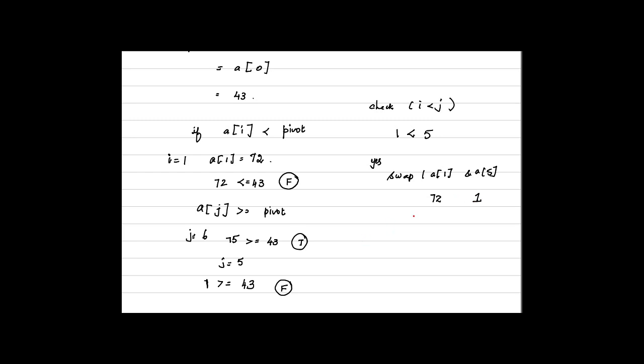Hence, when we swap, A of 1 becomes 1 and A of 5 becomes 72. Hence, after this pass, we have the array as 43, 1, 10, 23, 80, 72 and 75.